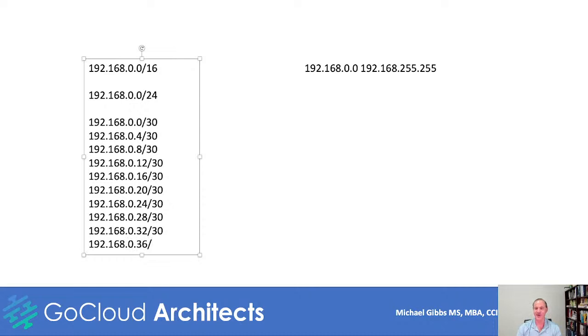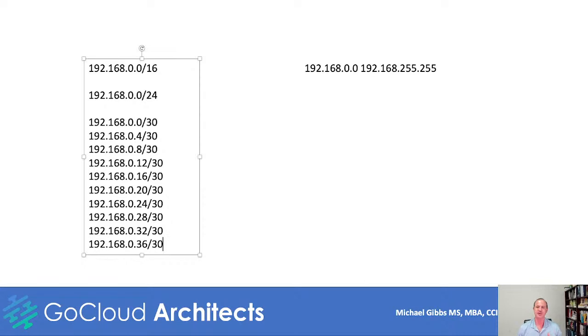They're going up 4 each time. Why 4? We borrowed 2 subnet bits, right? 2 to the second. 2 times 2 equals 4. Now when we're dealing with addresses, we're pulling out 2. Why are we stealing these 2 addresses?